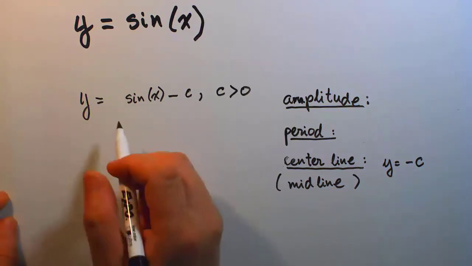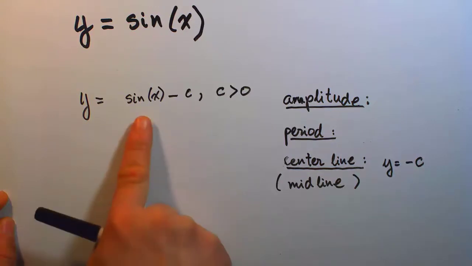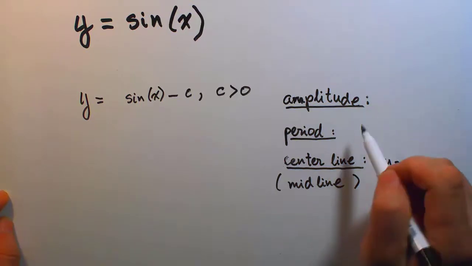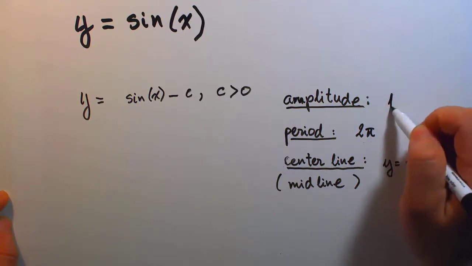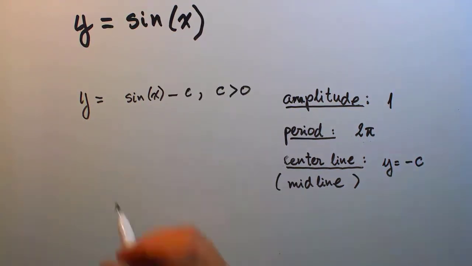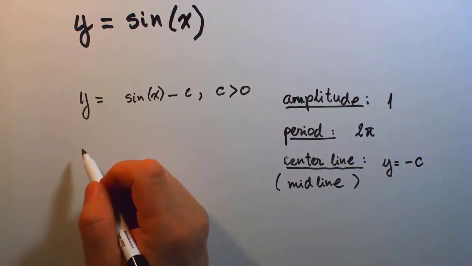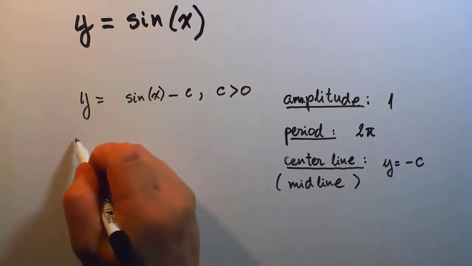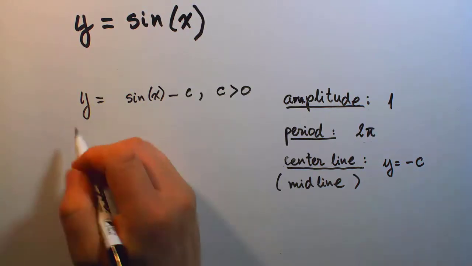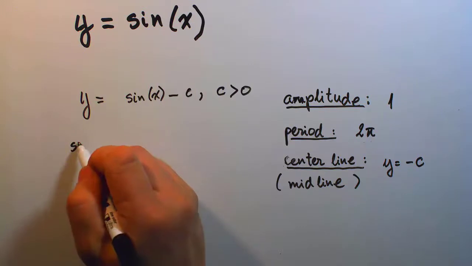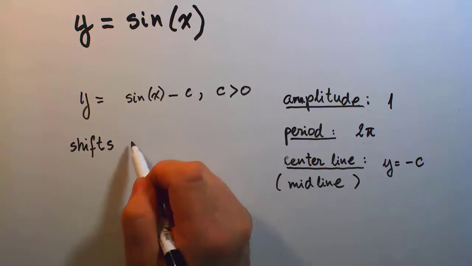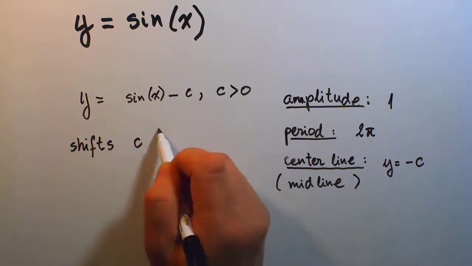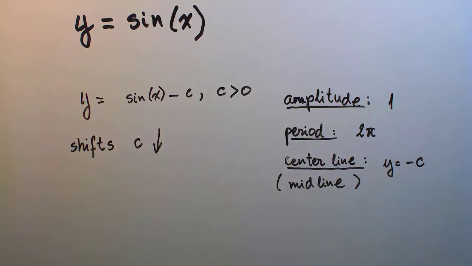Since the graph remains the exact same shape as the sine function, as we saw in our demonstration, the period remains exactly 2 pi, and the amplitude equals 1, the height of the wave. In common language, as we used back in pre-calculus 1, we say that the original sine of x graph shifts c units vertically down, and that's why I'm using that arrow pointing vertically down like that.